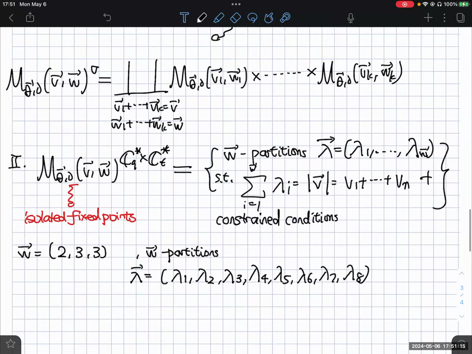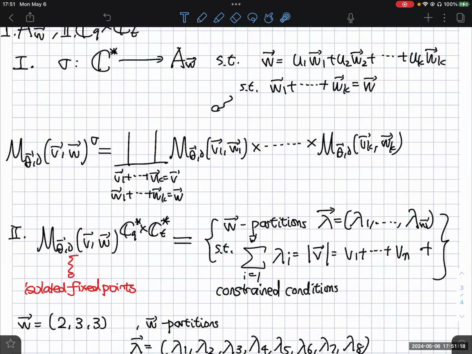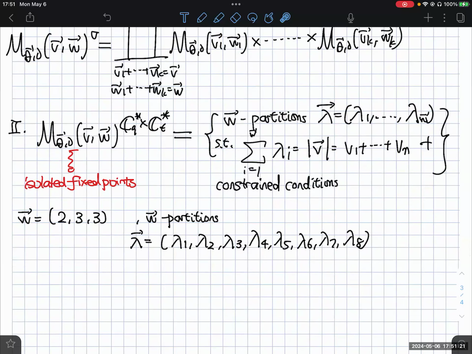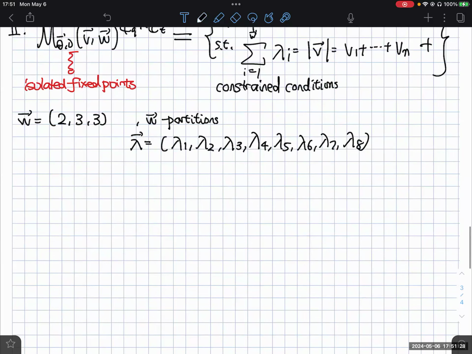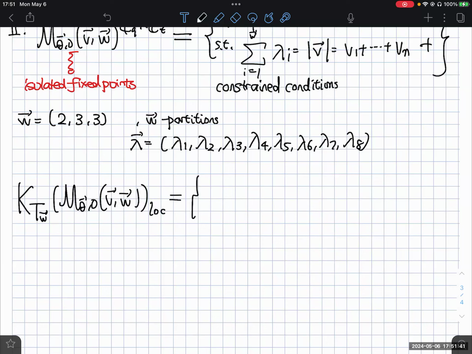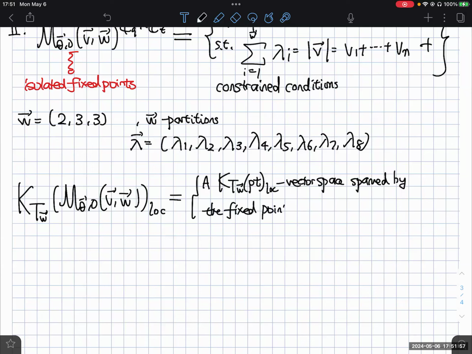The main thing that we're going to mention is about this fixed point, because after doing the localization with respect to this torus action, this will be a vector space spanned by the fixed point basis, Lambda.